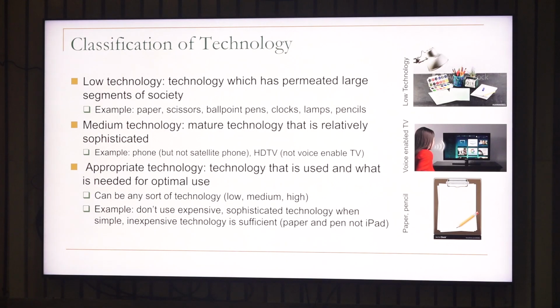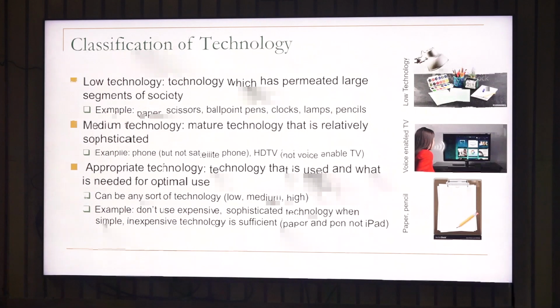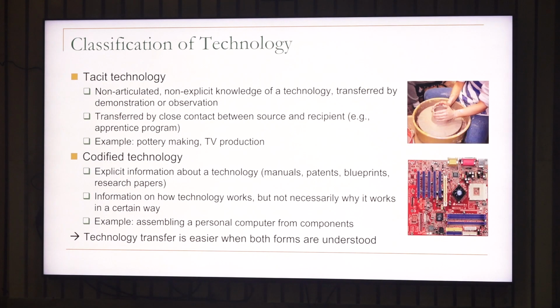But many times simple technology is very useful: paper and pencil, voice technology, a simple pin. It depends upon the situation. That's why we should know the classification in terms of low, medium and high.